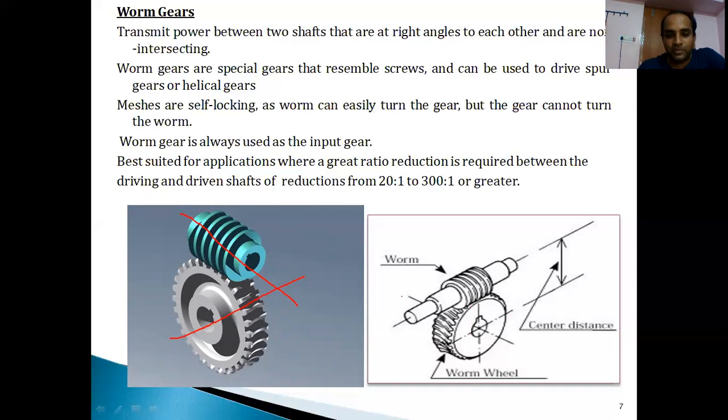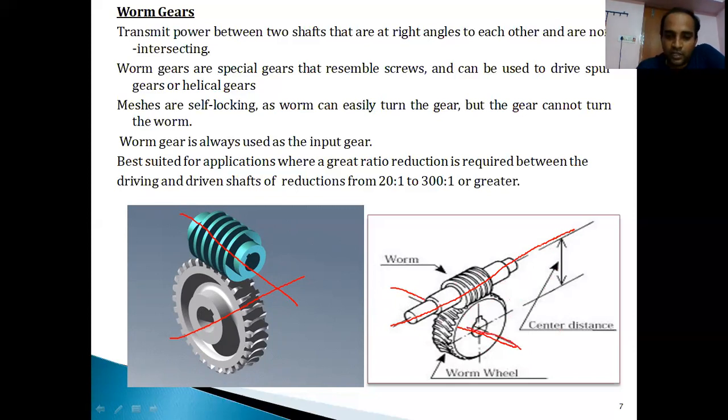In the side view, this is the axis of the worm, whereas this is the axis of the wheel, that is the worm wheel, which we also call the spur or the other wheel.